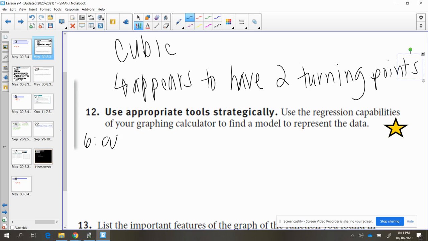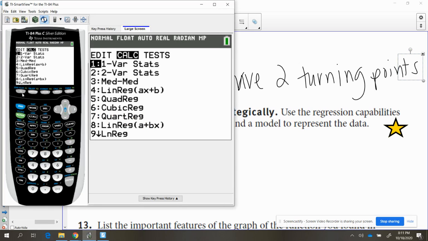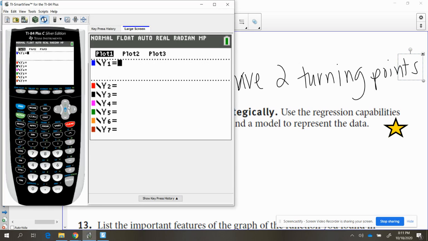Well, what you should see is when you calculate said cubic regression in your calculator, we end up with a cubic answer, right, to the 3rd degree. And this time, I'm going to turn my plot off.